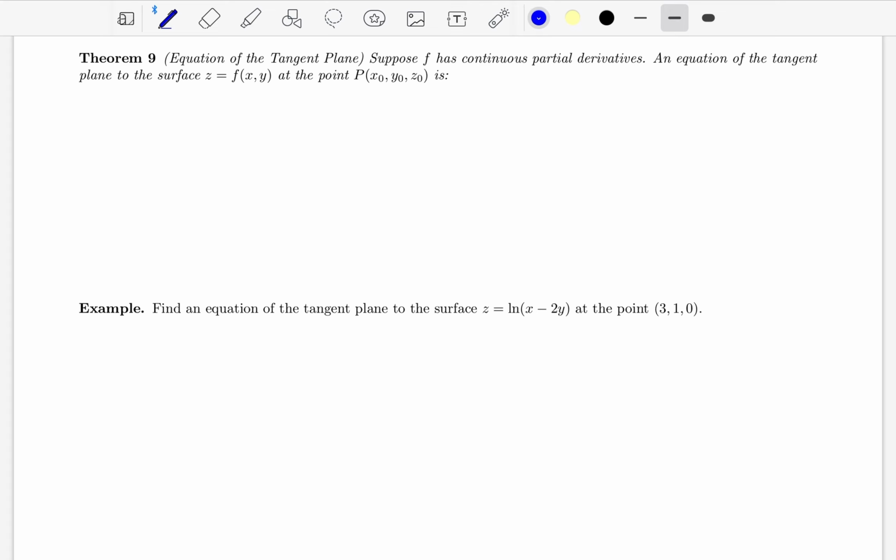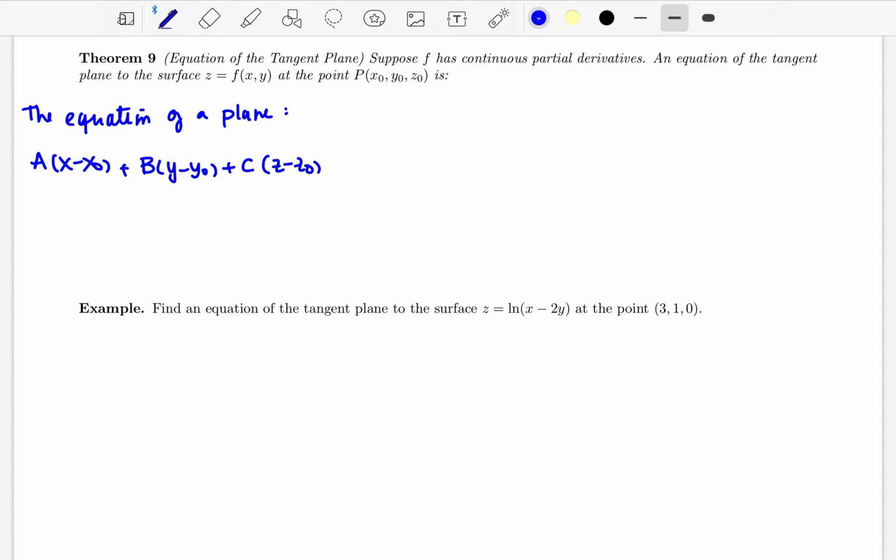Okay, so first of all, you know that the equation of a plane containing x naught, y naught, z naught and having a normal vector a, b, c is given by a(x minus x naught) plus b(y minus y naught) plus c(z minus z naught) equals 0.